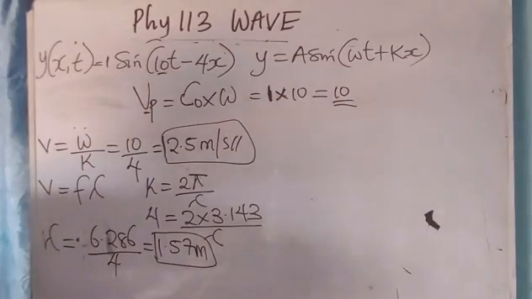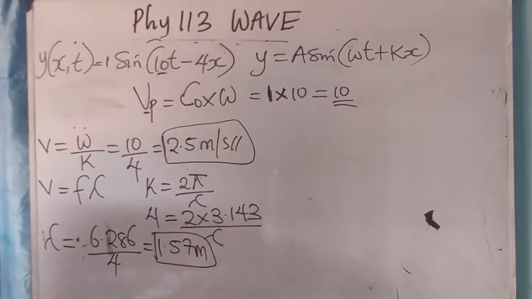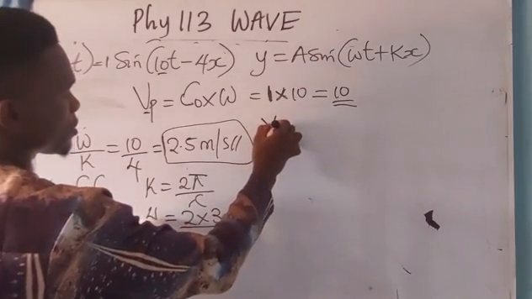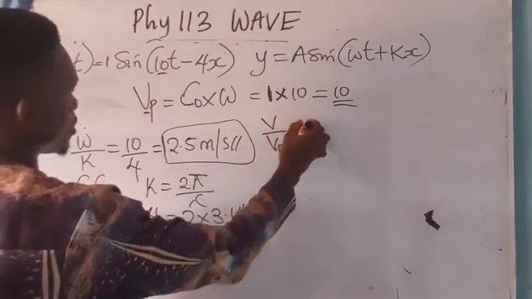Now the ratio of the phase velocity to the particle velocity will be written as phase velocity over particle velocity.